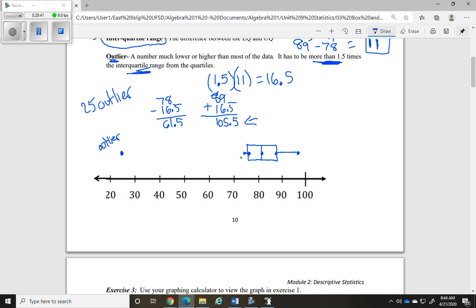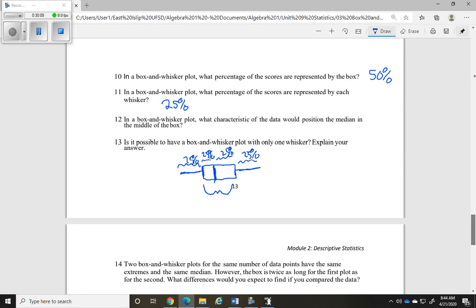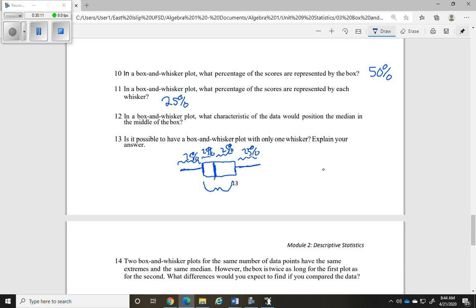So what if we had that outlier and the next number was 78 instead of 77, I wouldn't have a whisker, right? It would wind up being just a one whisker box plot. There are many ways that it can happen, so different answers will be acceptable, but it is possible to have only one whisker.